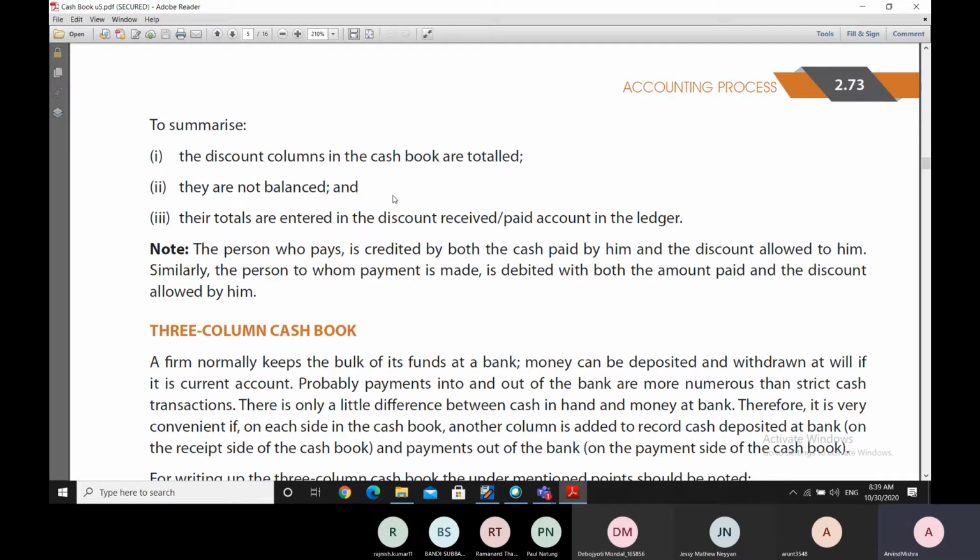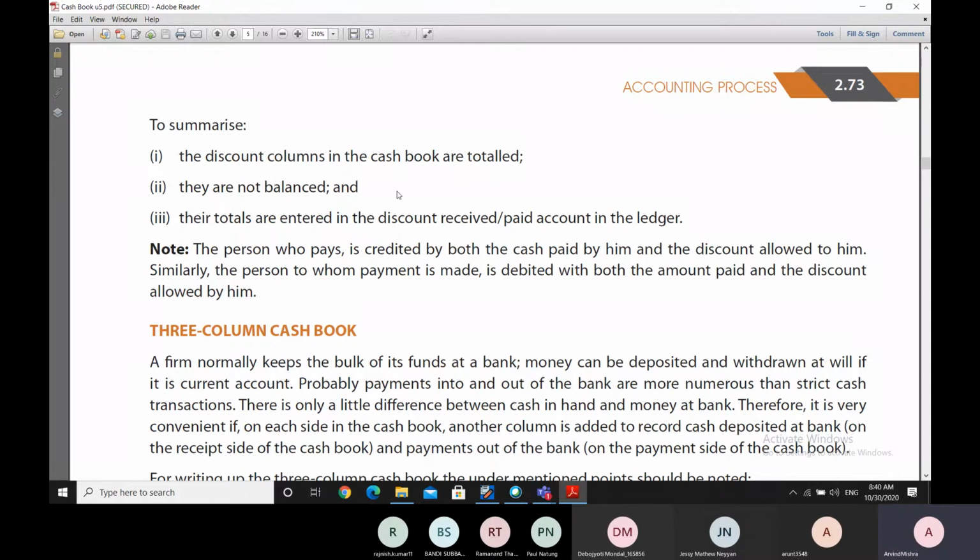Now, if a bank column is added instead of the discount column, then the bank receipts and the bank payments would be entered just as the cash receipts and cash payments have been entered, and the bank columns would also be balanced, and the balancing figure would also be entered, and it would be carried forward to the beginning of the next month.